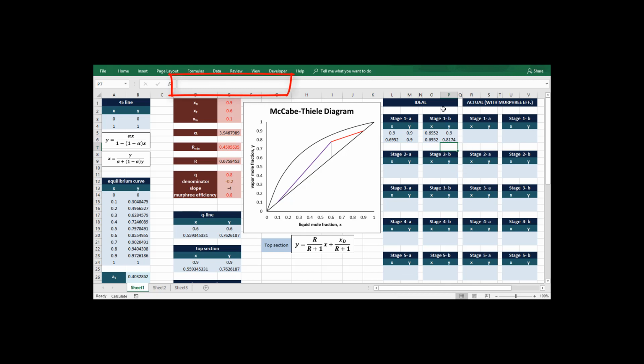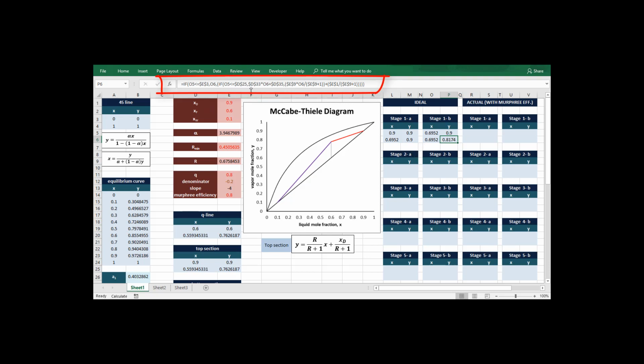For stage 1B, the initial x and y is equal to the last value of x and y in stage 1A. Then x will be the same, and for y, we will use a conditional formula. This can be interpreted as: if the initial x is less than or equal to the bottoms composition, y will be equal to x.